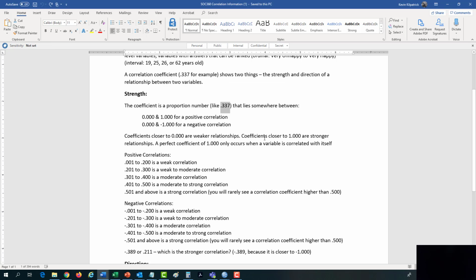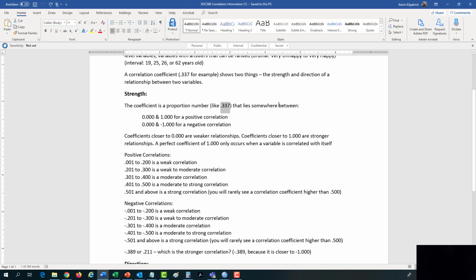The coefficient is a proportion number, right? If you had me for 201 and you remember the probability lesson, you ended up with proportions. So this is what a proportion is, a decimal point and three numbers to the right of it.